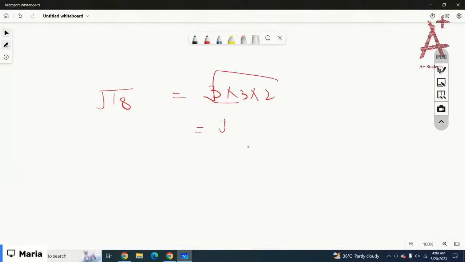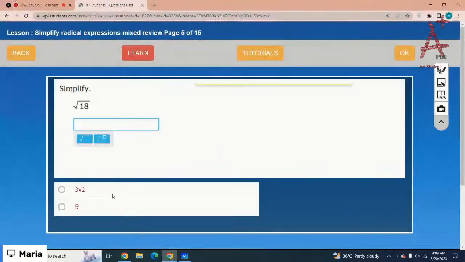And you can write 3 times 3 as 3 square times 2. So 2 and square root cancel out, so you are left with 3 square root 2. It would be 3 square root 2 is the correct option.